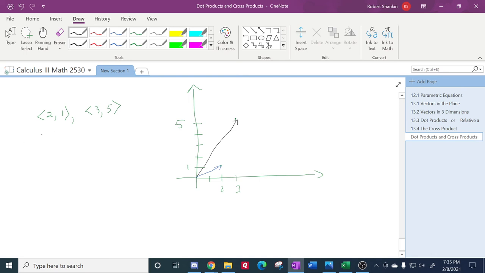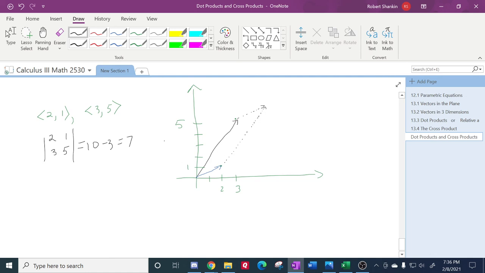Now, when you take the determinant of this matrix, you're going to get a number, 10 minus 3, which is 7. That number is the same as the area of this parallelogram, right over here.